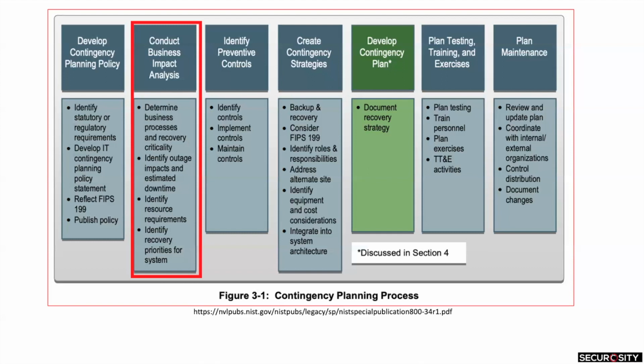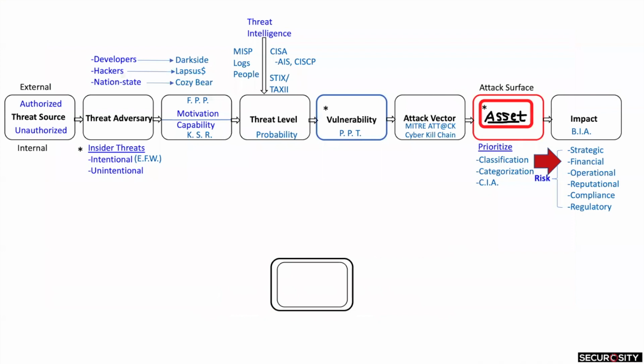It helps identify and prioritize critical IT systems and components to assess the consequences and impacts of a disruption to a business. That's right, disruptions to the business, not just IT, because cyber risk is business risk. It can impact an organization strategically, financially, etc.